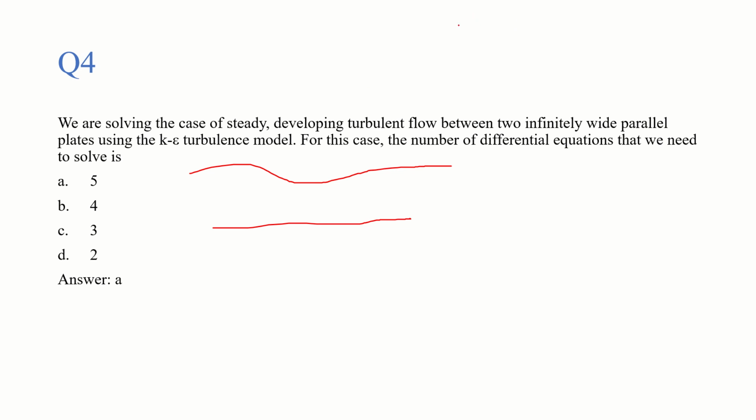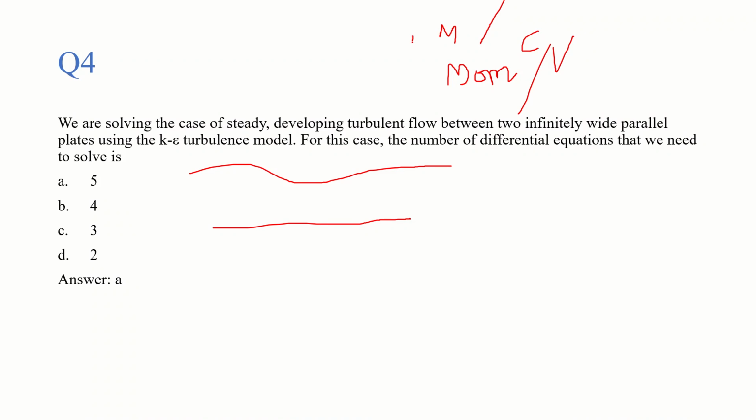The first one is, if it is a fluid flow between two parallel plates, how many equations do we have? We have one mass equation, the continuity equation, and the momentum conservation equations, that is, the Navier-Stokes equations.